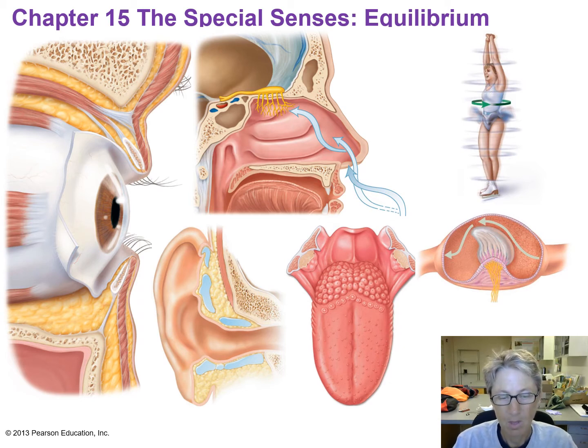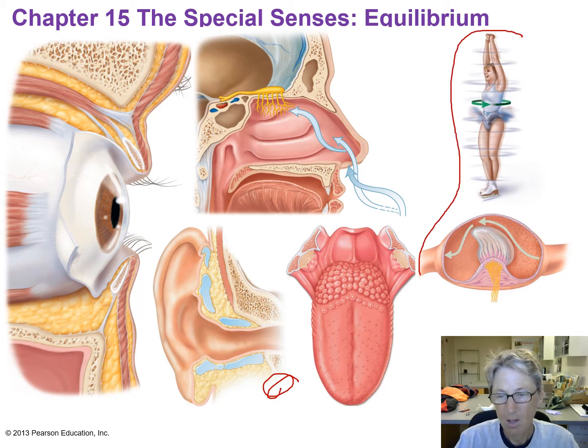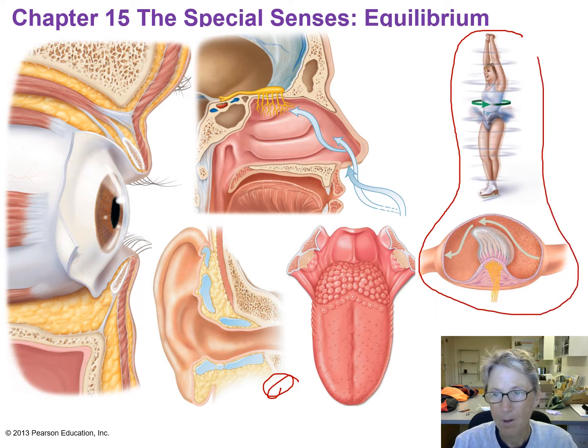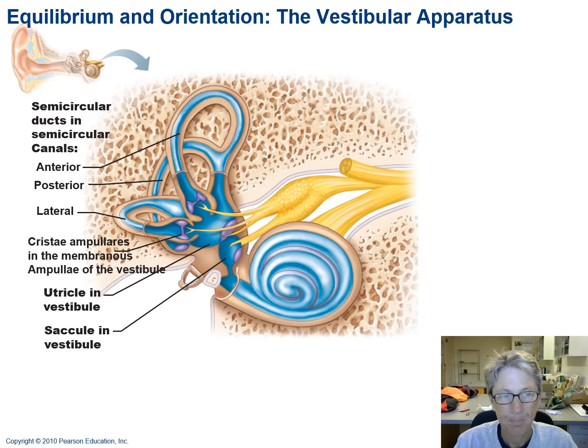So this will be one video on equilibrium. And here's the cartoon associated with equilibrium and all the special sense receptors it takes to maintain equilibrium. We've seen this before in the previous hearing video.